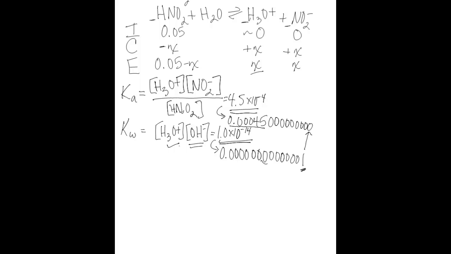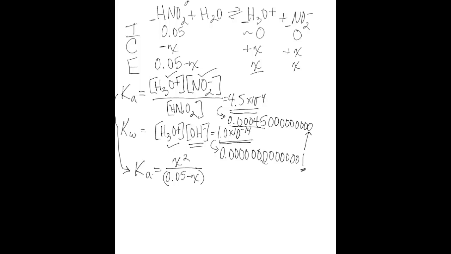So the next thing we want to do is go back to the ICE table and write out this Ka expression for proton transfer from nitrous acid to water in terms of the equilibrium concentrations expressed using X. So we're going to write Ka is equal to X squared, because that is the concentration of hydronium ion times the concentration of the nitrite ion, divided by 0.05 minus X, which we've designated as the equilibrium concentration of nitrous acid.